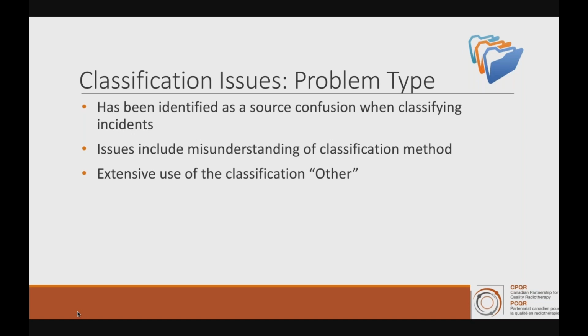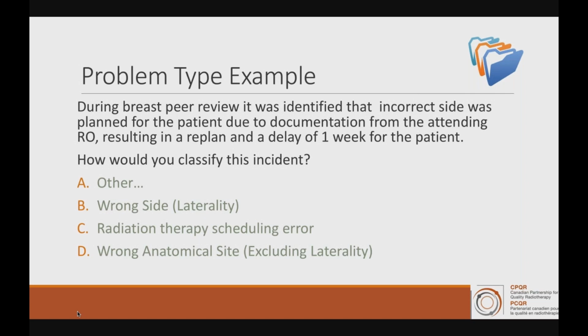Often we find in the classification system that other is the more predominantly used option, when there may actually be choices already existing in the system that might be more appropriate. So we're going to go through a few examples, give you an opportunity to try to classify them, and then discuss what would be the gold standard classification and why.